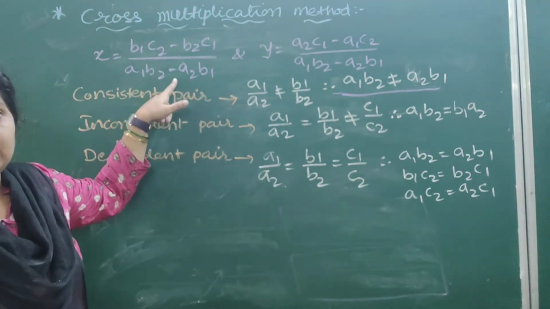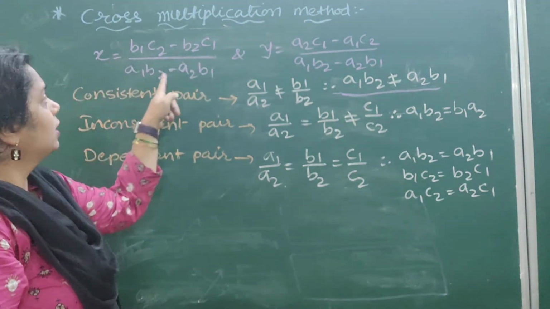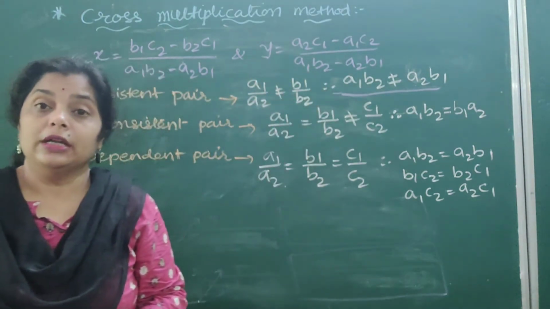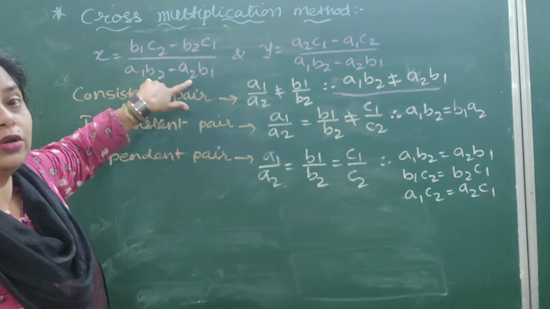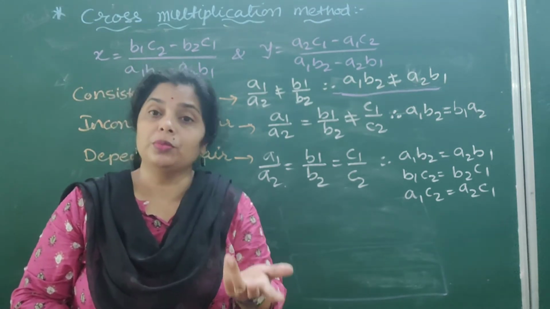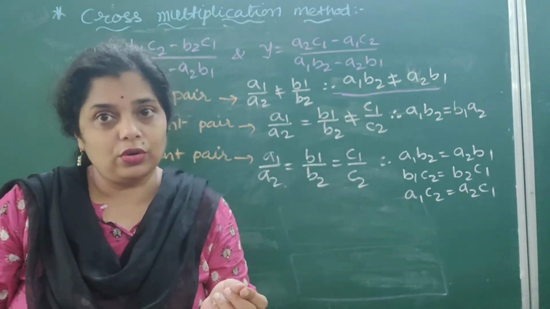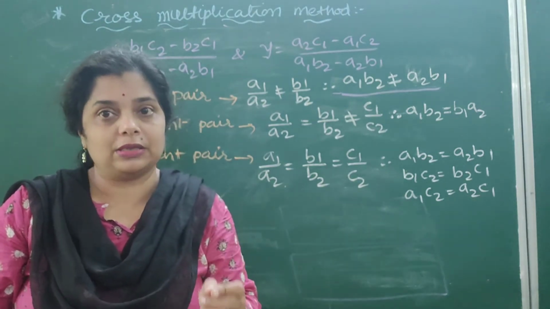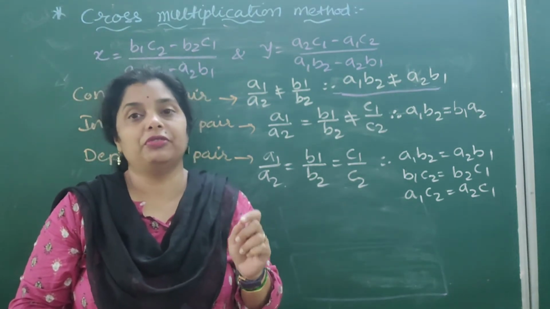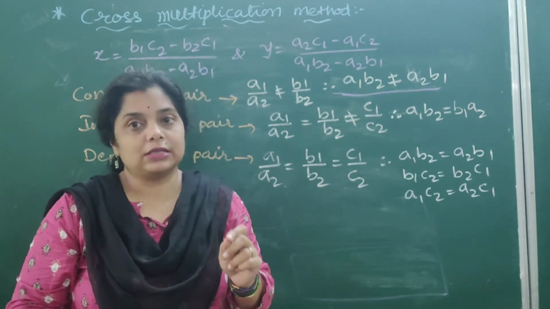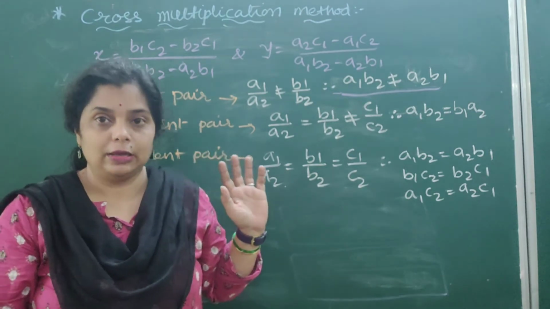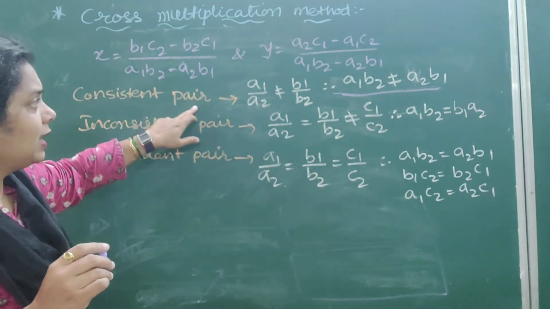And in each denominator, while finding x and y, a1 b2 minus a2 b1 is written. It means if both values are the same, then the denominator must be 0, and if at the denominator place there is a 0, then it is a non-defined term, and therefore we can say that it is not the method for the inconsistent and dependent pairs. I explain again.